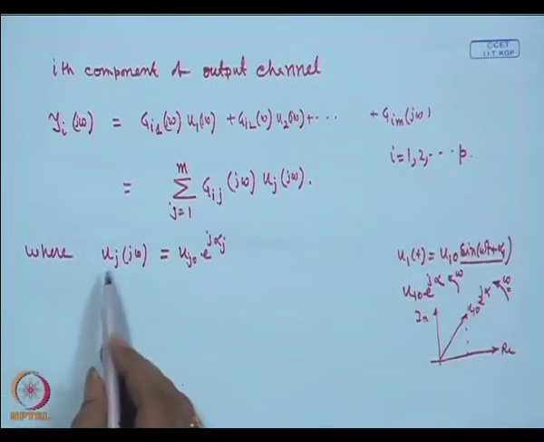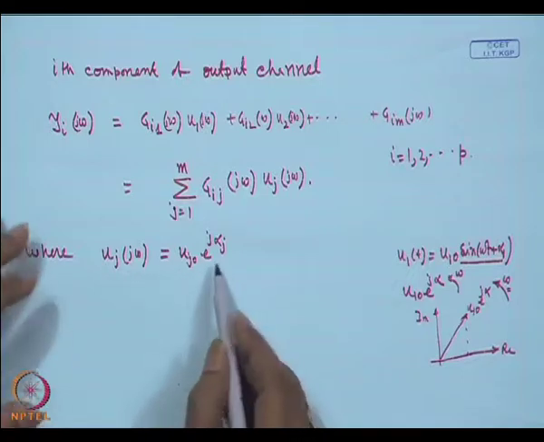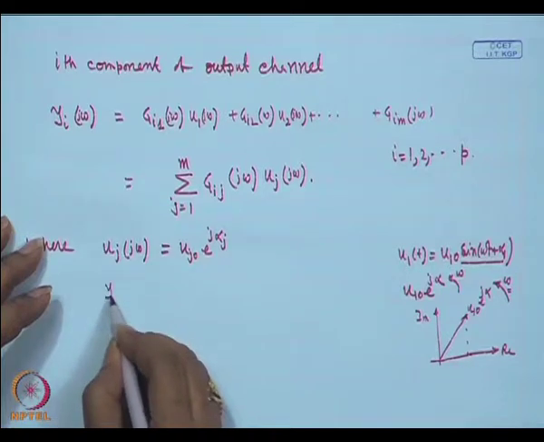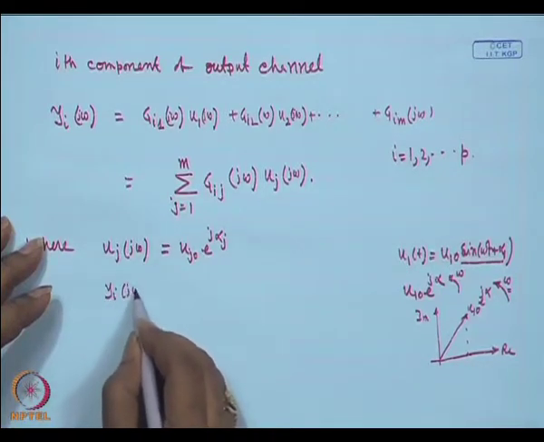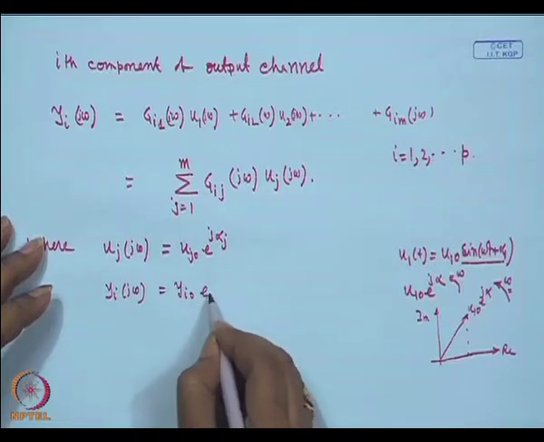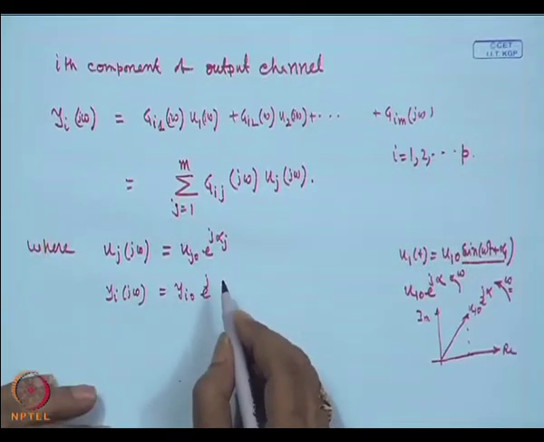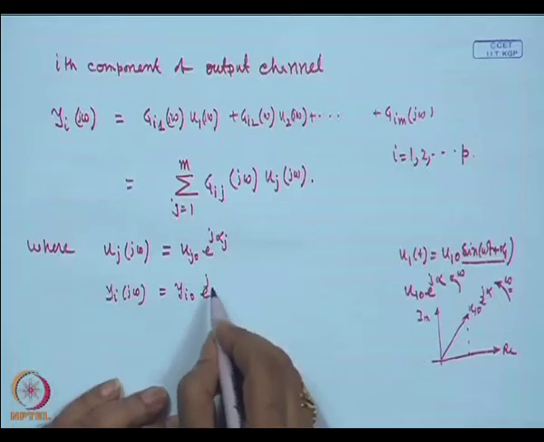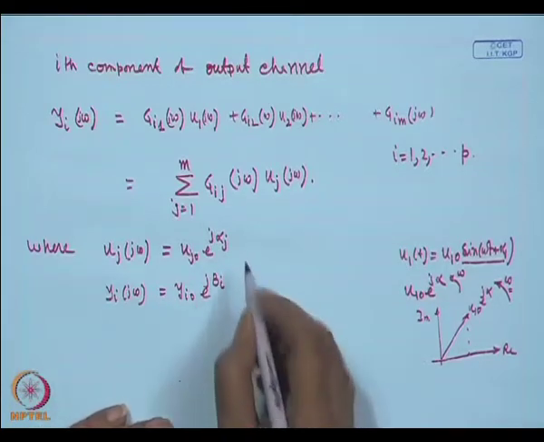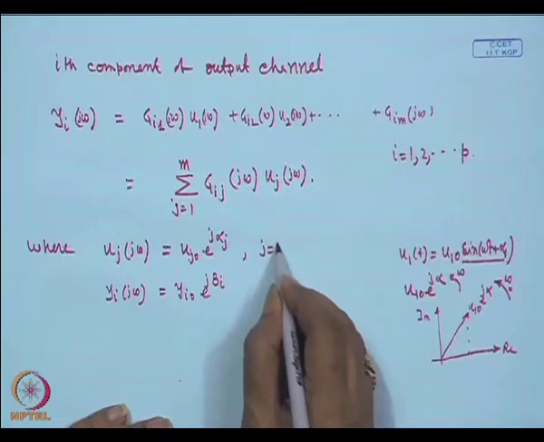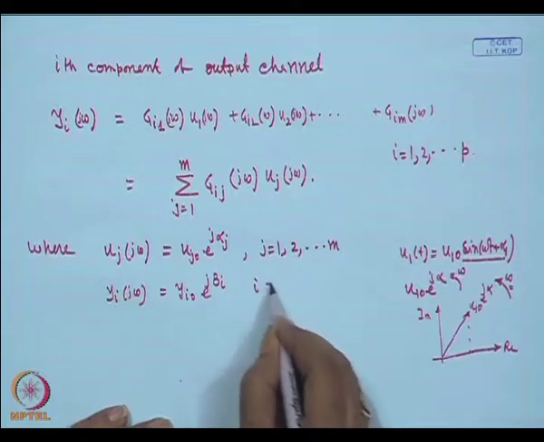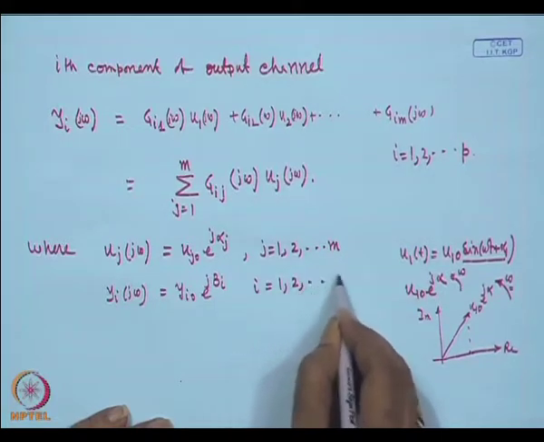So, I can write it as U(j omega), and similarly y_i(j omega) I can write as y_i(0) e to the power of j beta_i, agree? Here j varies from 1 to m and i varies from 1 to p.